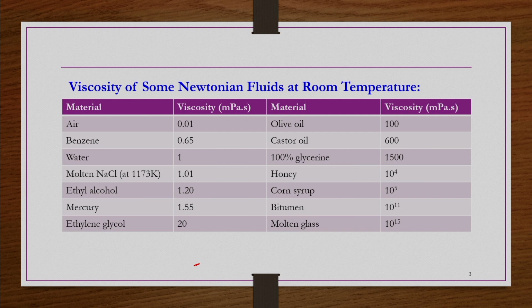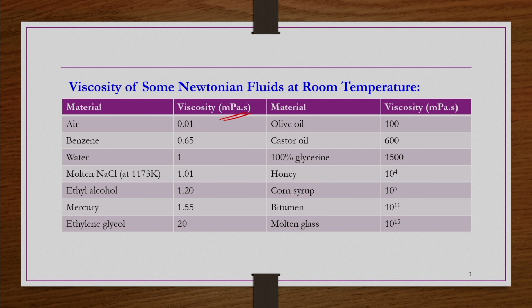If you see these examples here: air, benzene, water, molten NaCl, ethyl alcohol, ethylene glycol, olive oil, honey, bitumen, etc. For all these materials, viscosity is shown here in millipascal second.